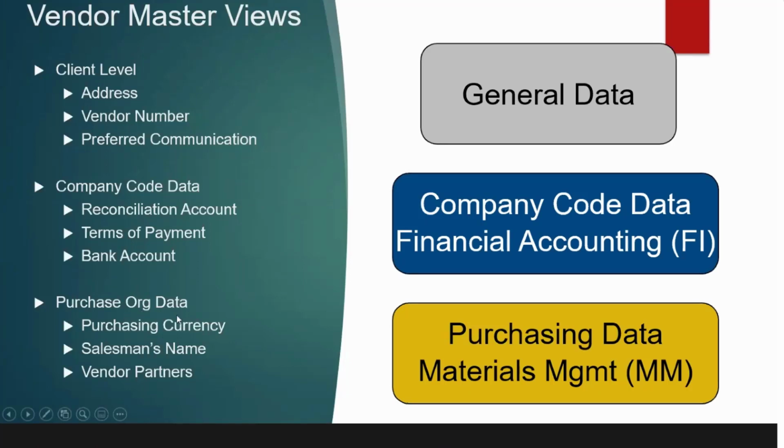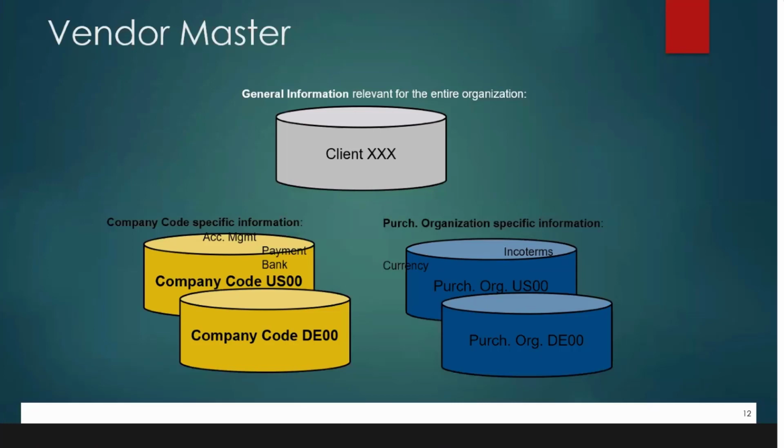You will use euro when you are dealing with Europe purchase departments, and you will use riyal in Saudi Arabia. The salesman will change. Who is responsible for selling with this vendor? The vendor partners will change also. So this information changes, as I said, based on the purchase organization data.